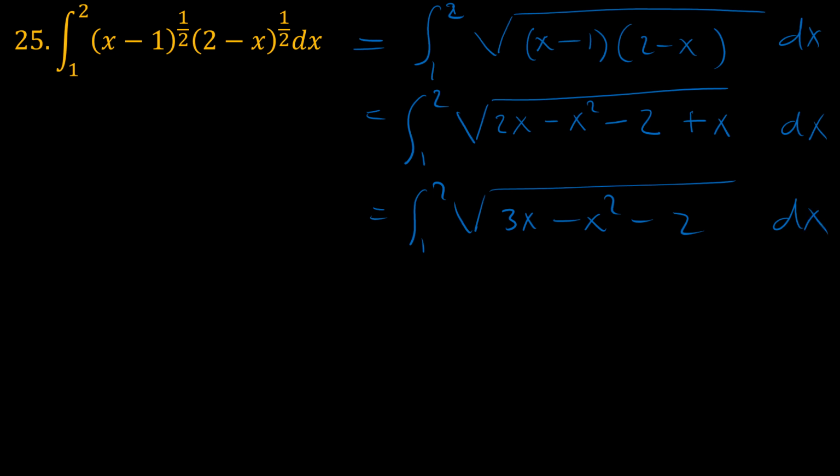And yes, it's the same as 3 over 2 minus x squared, right? So this became 3 over 4.